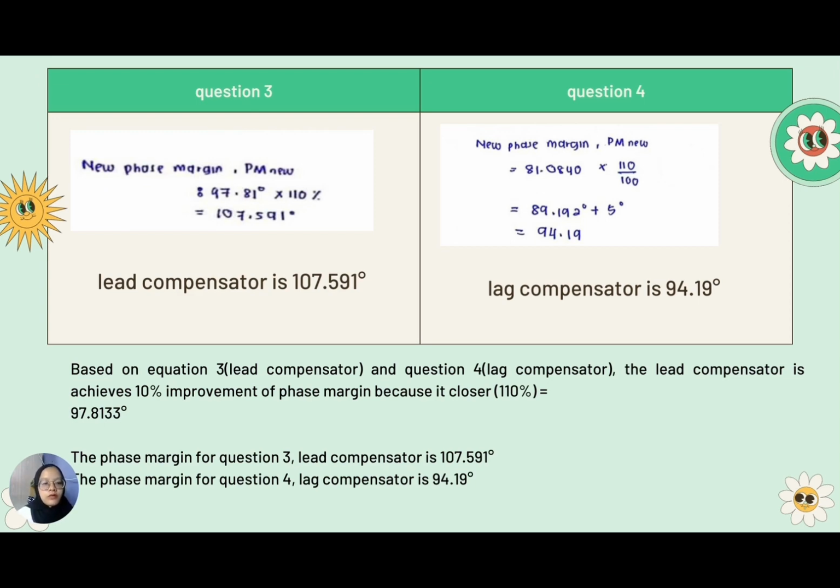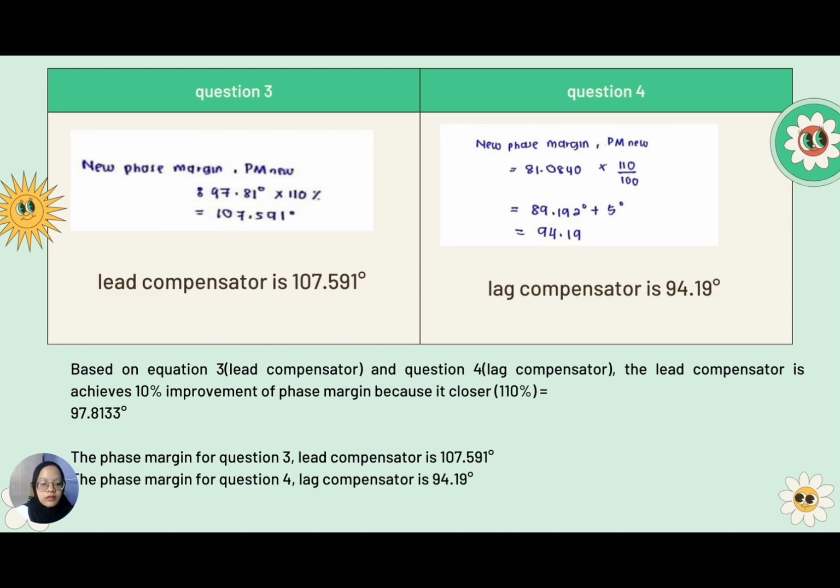So we can conclude that the lead compensator achieved the 10% improvement of phase margin because it is closer to the 97.8133 degrees. The lead compensator has a zero at a lower frequency, as I mentioned before.